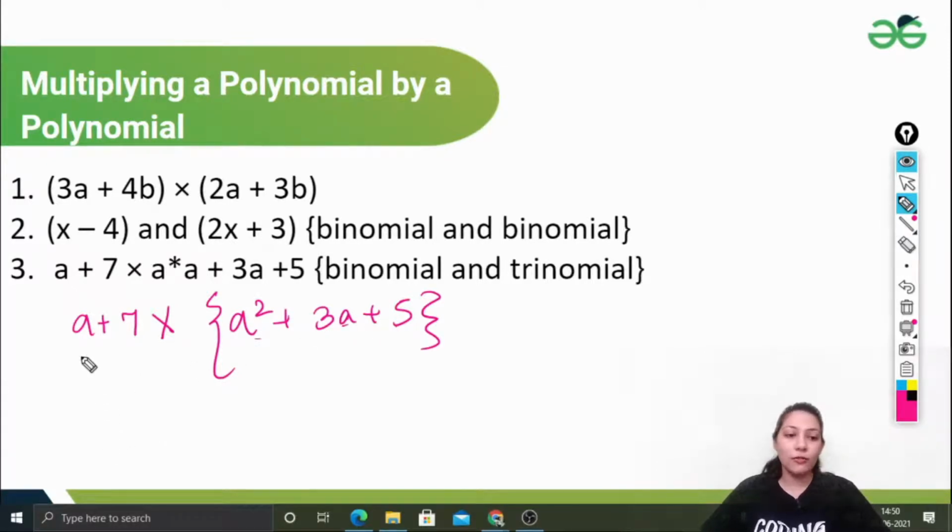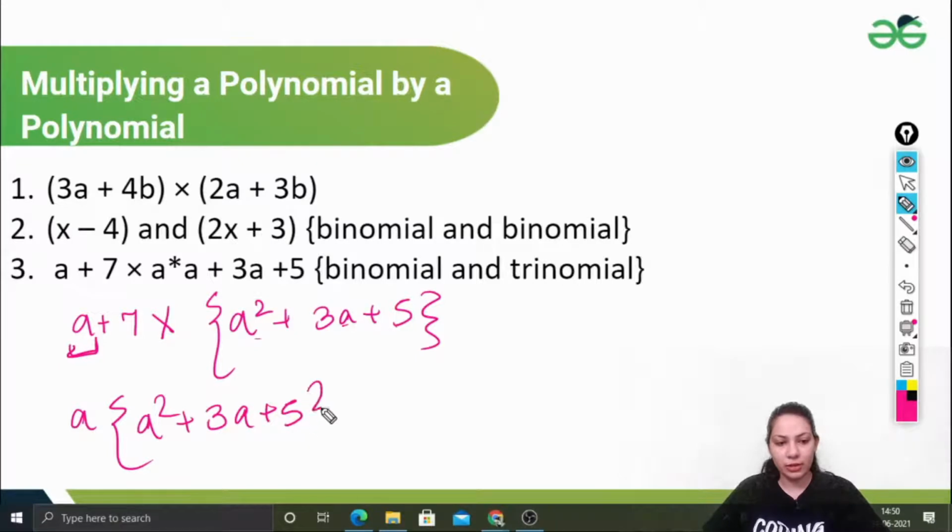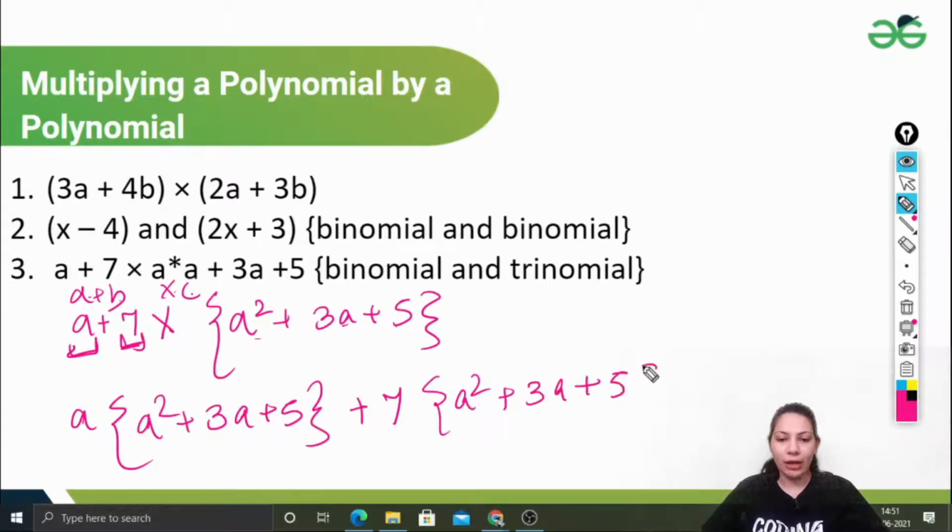So let us solve first. पहले हम इसको सबसे मल्टीप्लाई करेंगे, that is a into (a square plus 3a plus 5) then plus 7 into this part. Okay, (a plus b) into c, then a into c and b into c we do. So this is what we do. 7 (a square plus 3a plus 5).